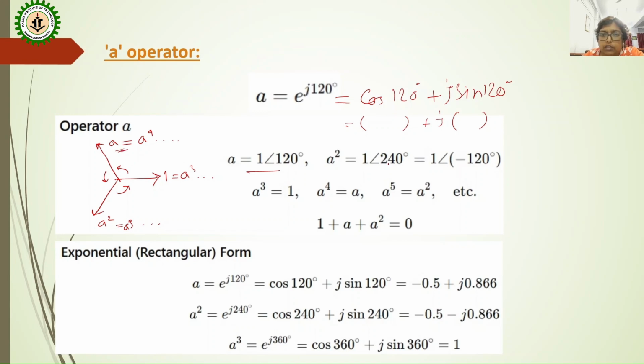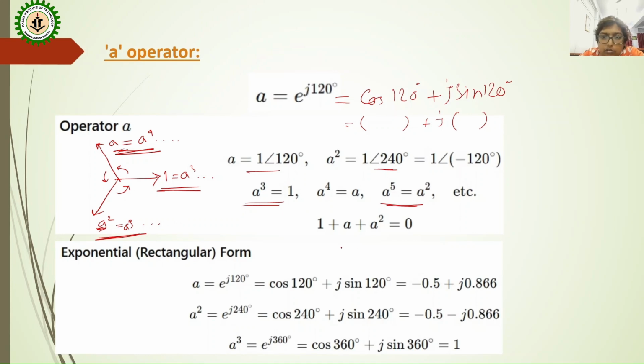Achha, A square, that is 240 shifting this position. Achha, or minus 120. Achha. Now A to the power 3 equal to 1, that is actually proved here. Achha. A to the power 4 equal to A, that is from here. A to the power 5 equal to A square, that is from here. So that will actually continue.